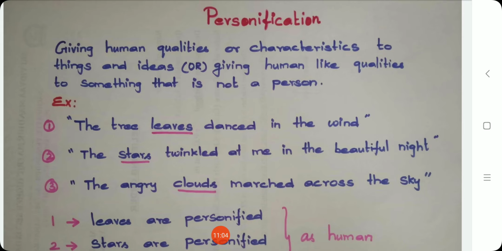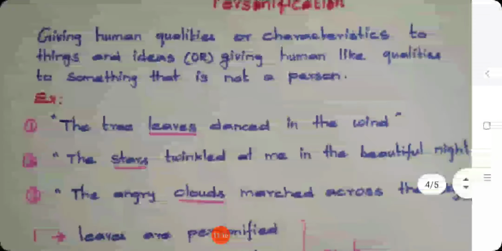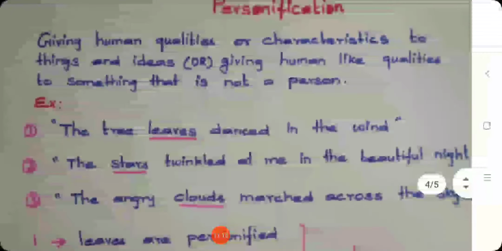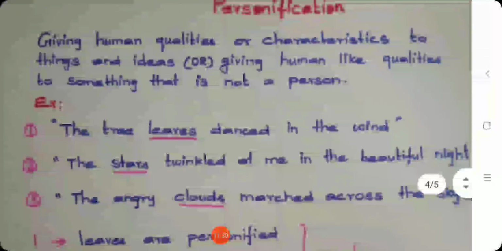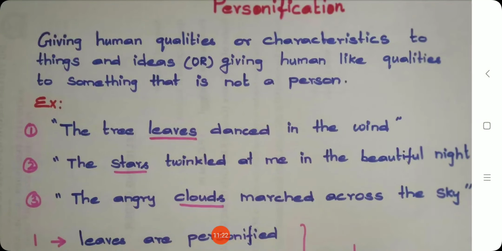So giving human quality to a non-living thing, idea or object is called personification. See, look at the first example: The tree leaves danced in the wind.